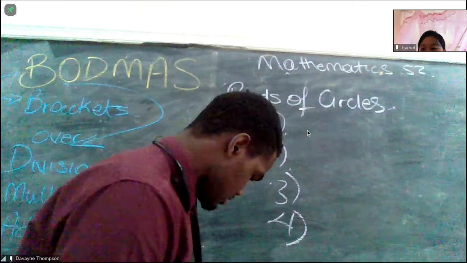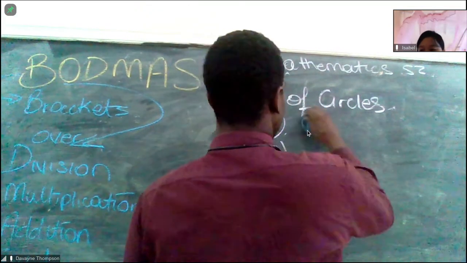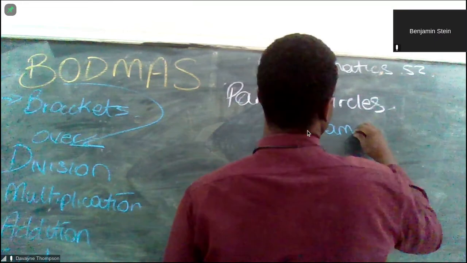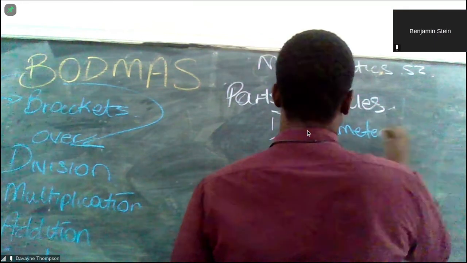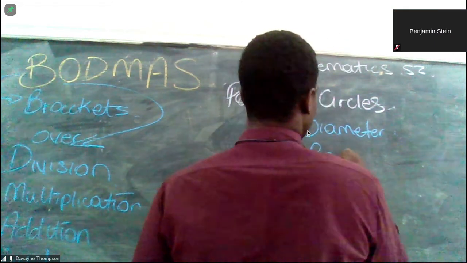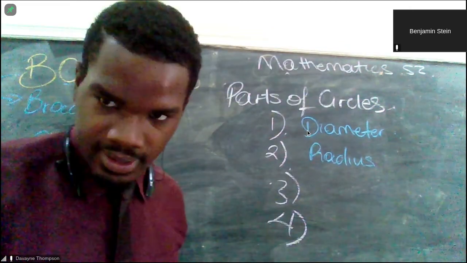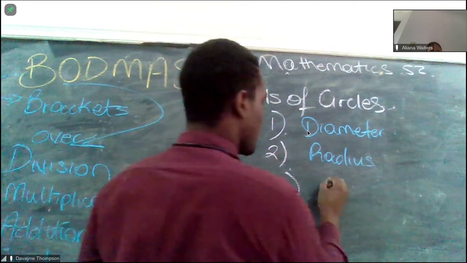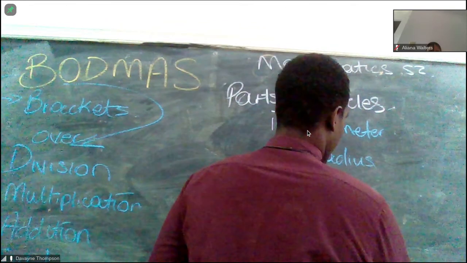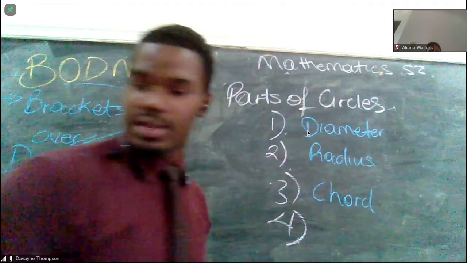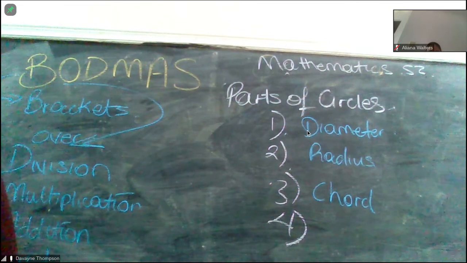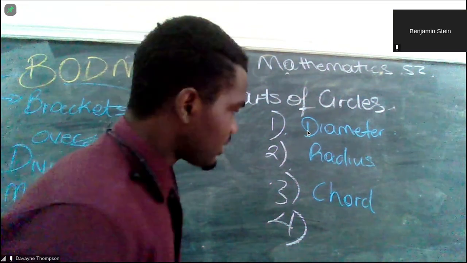Diameter, let's write that. Radius, circumference. Any other part? Chord, I like that one. Any other comments? An arc, that's a good one.